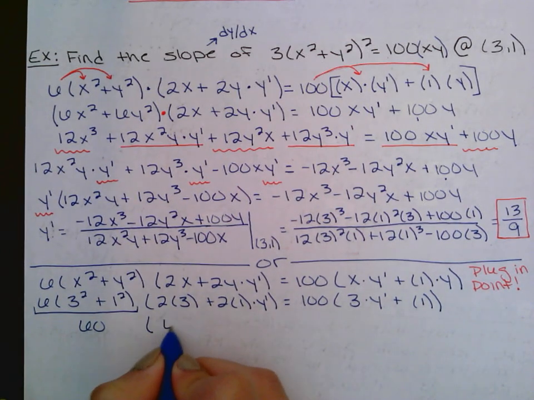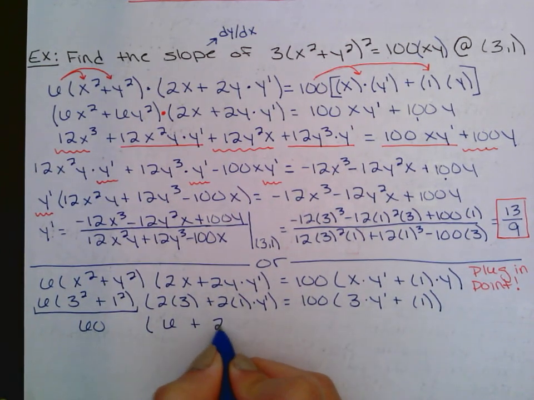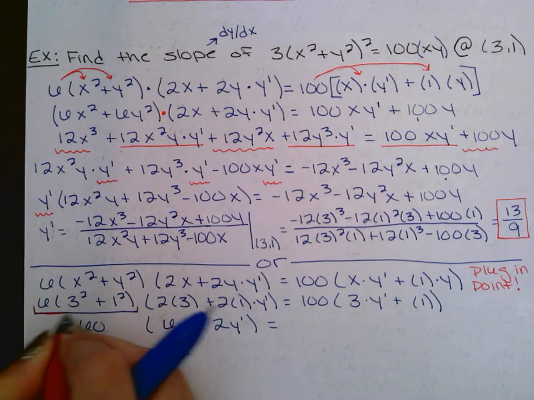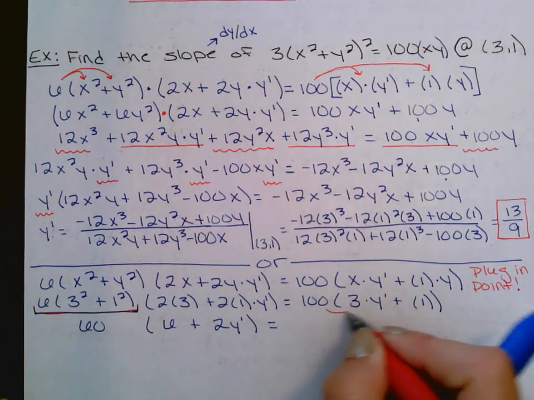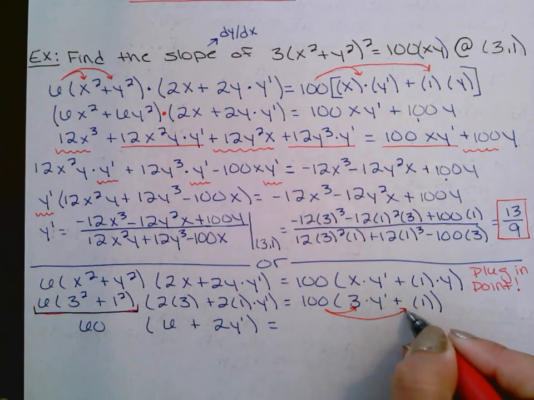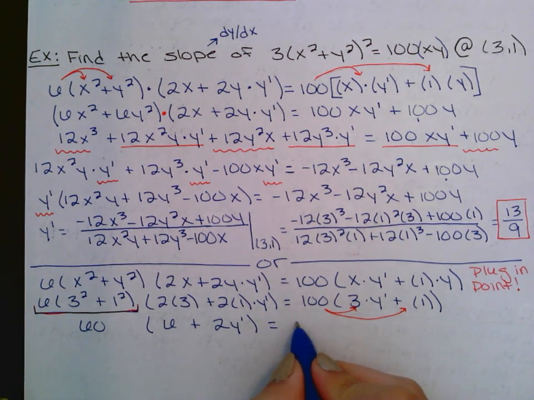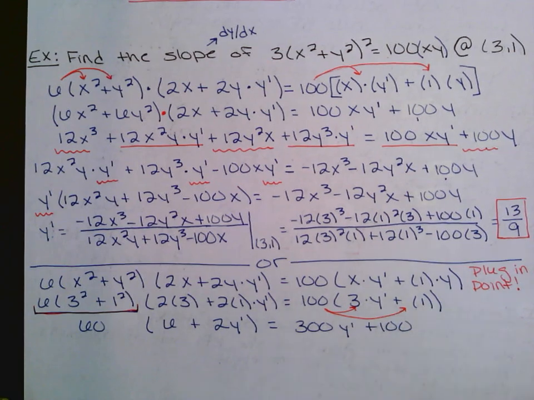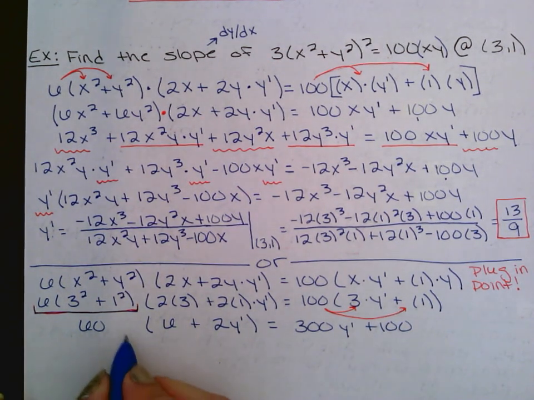Times this gives me 6 plus 2y prime equals, if I distribute, let's mark this in red. If I distribute this 100, now I have 300 y prime plus 100. Okay? If I distribute the 60, I have 6 times 6 is 36.